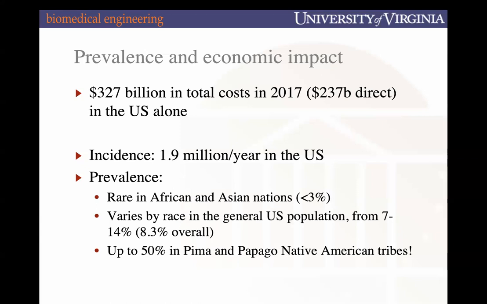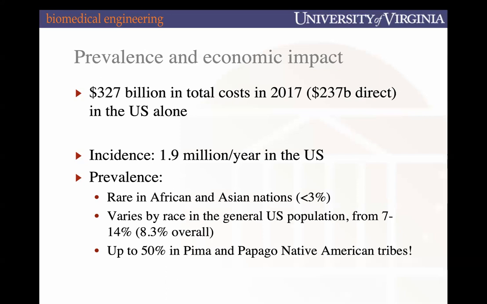I suspect, based on how I saw numbers go up from 2012 to 2017, that these numbers have probably gone up to approximately 450 billion in total costs, and close to 320 billion for direct costs. That's an approximation, assuming proportional increases from 2012 to 2017.